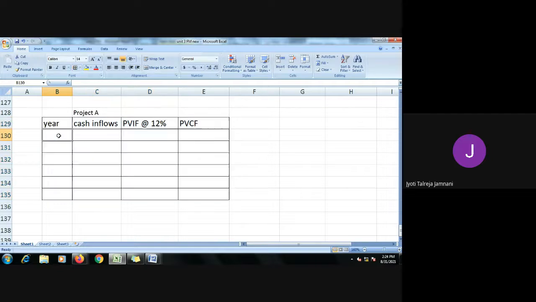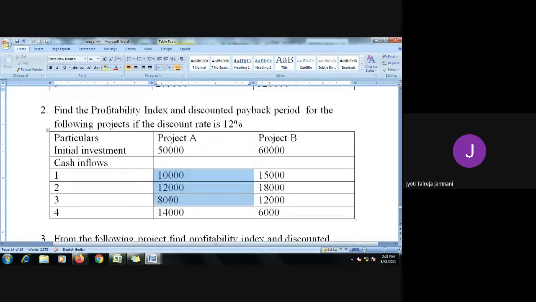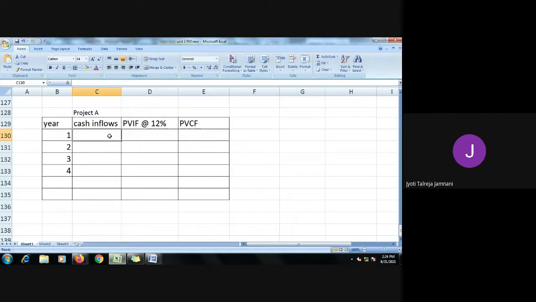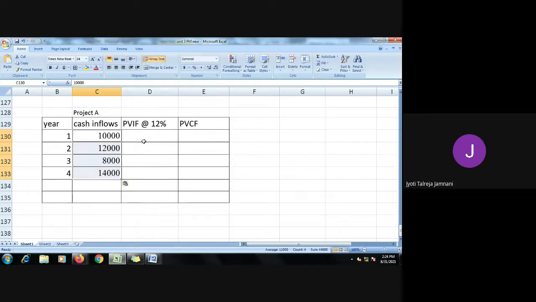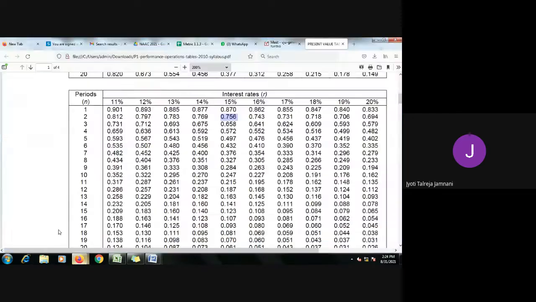We have 4 years. Take the cash inflows 10, 12, 8, and 14. Present value interest factor at 12%. So we'll look at the table and see 12%. What are the rates? So here is 12%.